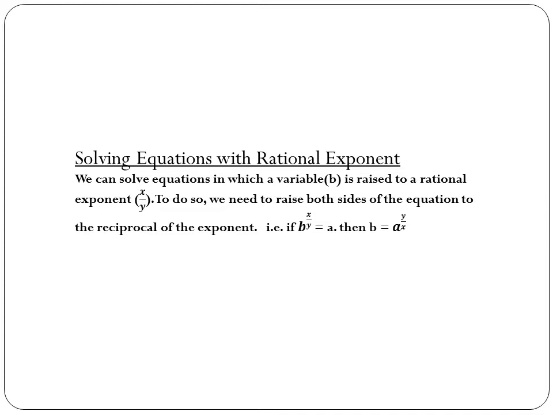So if we have b to the power x divided by y is equal to a, to solve this equation we need to multiply both sides by the reciprocal of the exponent. We do so to eliminate the exponent. So we are going to have b is equal to a to the power y divided by x.